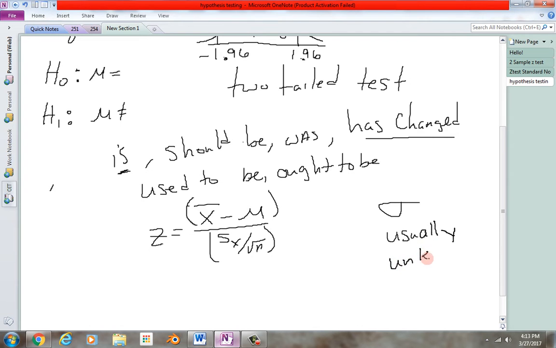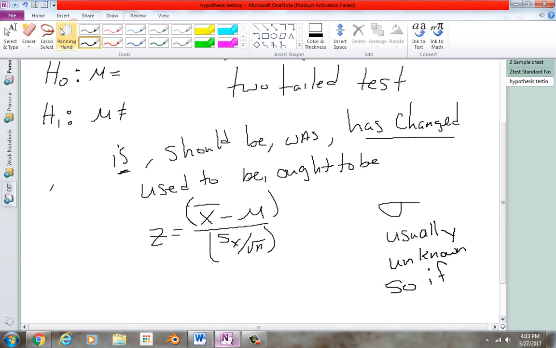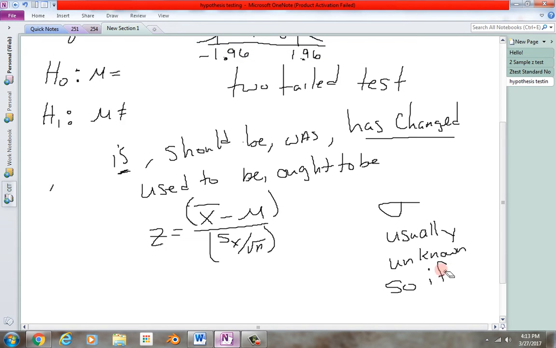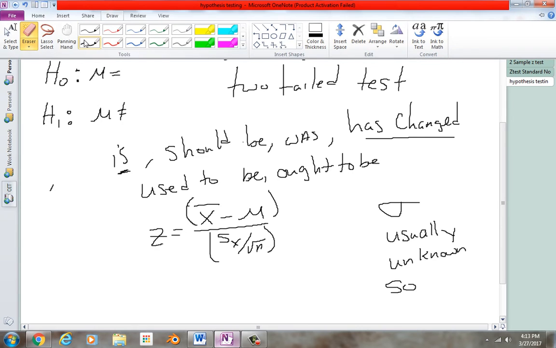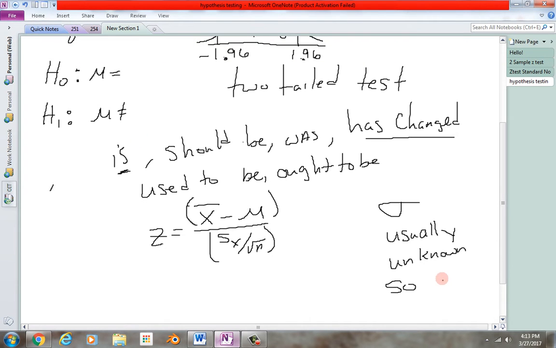And so just don't be afraid of that. The book makes a big deal about, yes, well, you can use a z if you know the population deviation. So that's great, but it's rare that that happens. I mean, it's rarer than hen's teeth. So you're going to use the standard deviation of the sample instead.